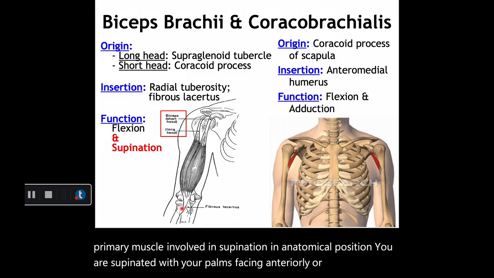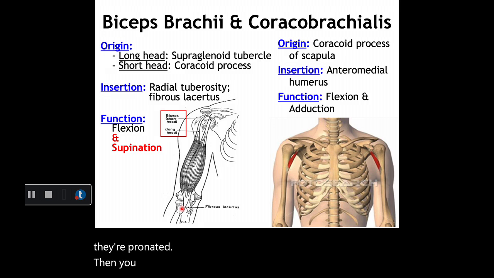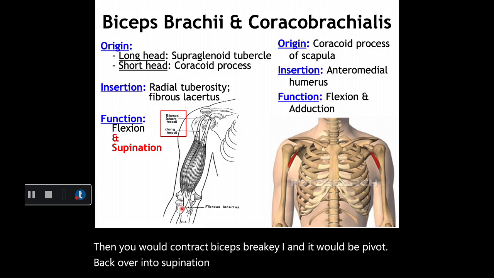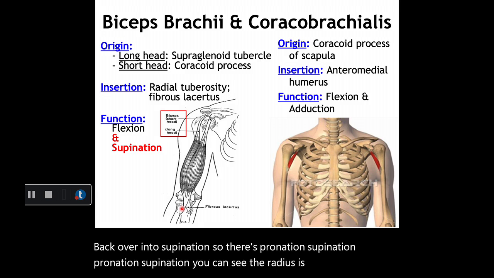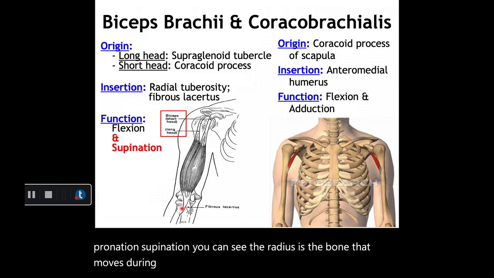If they're pronated, then you would contract biceps brachii and it would pivot back over into supination. So there's pronation, supination, pronation, supination. You can see the radius is the bone that moves during pronation and supination. The ulna does not move. It's locked into place. All right. So there's biceps brachii.